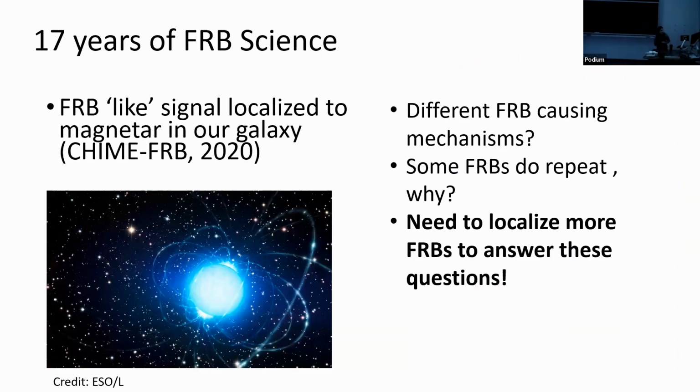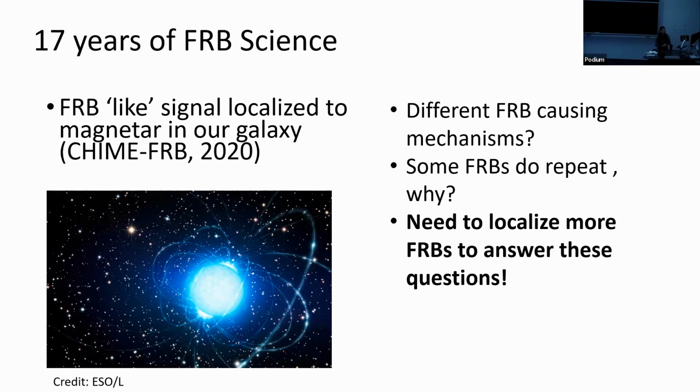And so now it's been 17 years since the first fast radio burst was discovered. This is not an exhaustive list about everything that we've learned about FRBs, but some important things. One thing is that there is an FRB-like burst that was localized to a magnetar actually in our host galaxy. And so magnetars, which are also neutron stars, but they have much stronger magnetic fields than a pulsar or just an average neutron star.